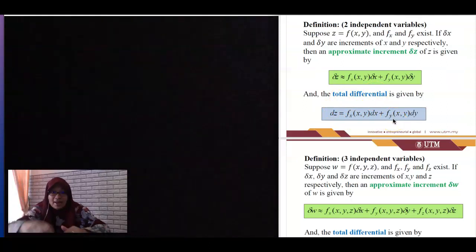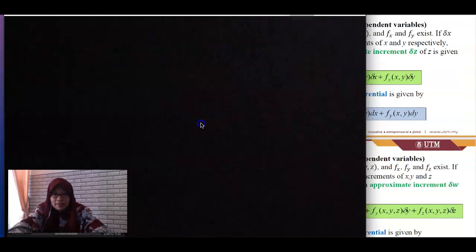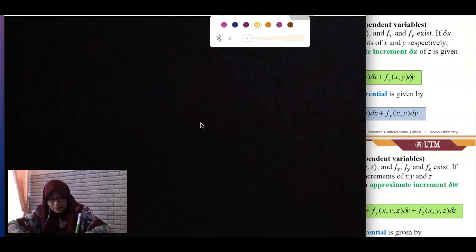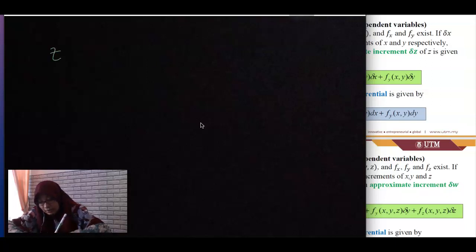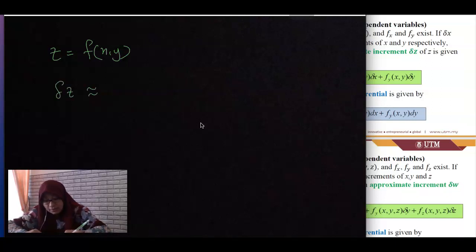Okay, which means that if you want to solve a problem related to the changes, related to the increment, the formula that you can use is the total differential. So if you are given the function z in terms of x and y, to get the true change of z, the true change of z can be approximated by dz.